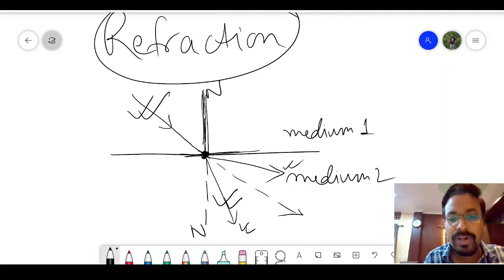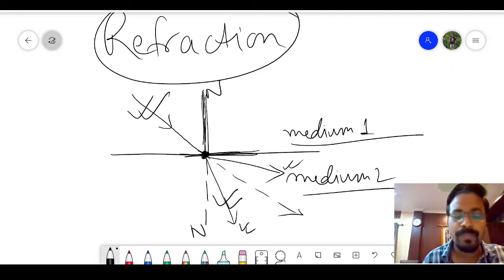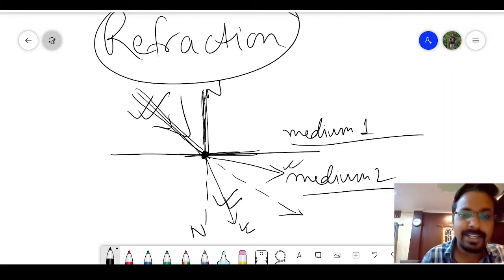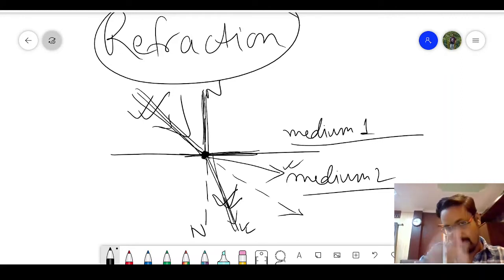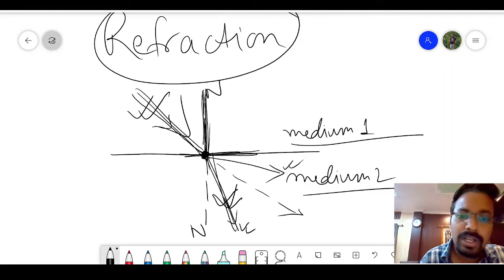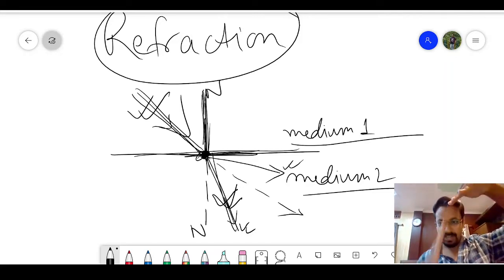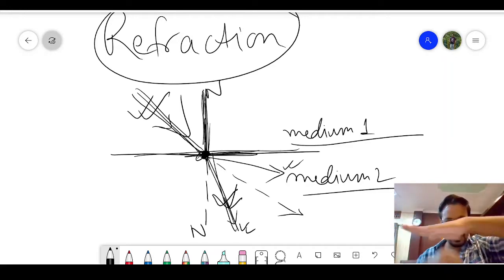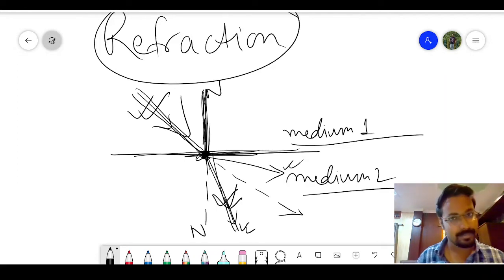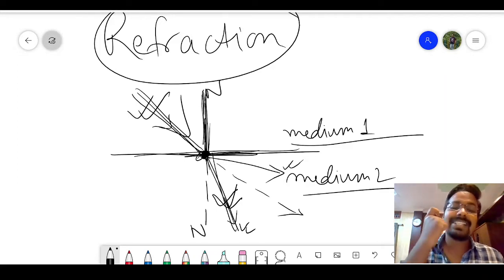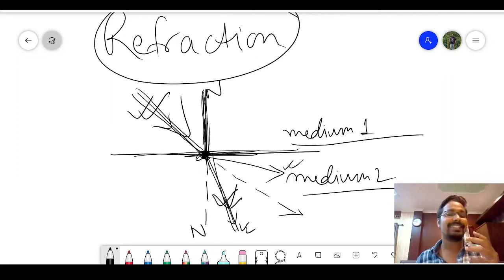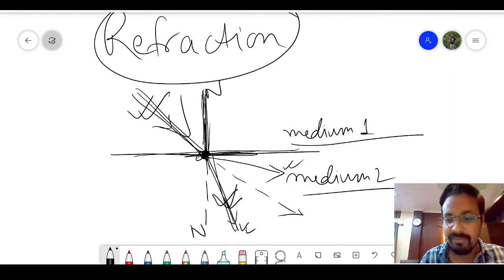That means at the boundary of medium 1 and medium 2, the incident ray, this ray, the refracted ray, the one that moves after refraction, and the normal all lie on the same plane at the point of incidence. This is similar to that of reflection. Now what is the second law of refraction? The second law is a new one, and we are going to see a new name for this law as well.